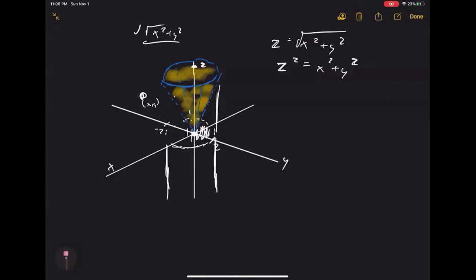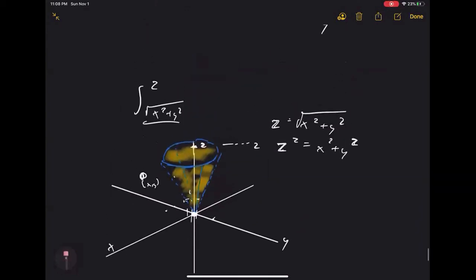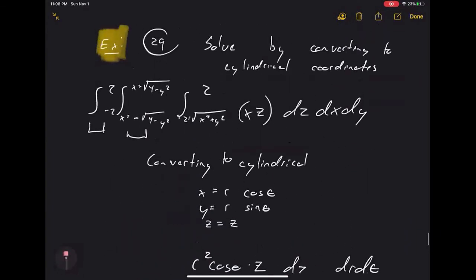And then my last set of bounds was the z bounds, right? And we saw that z was less than 2, right? My upper bound for z was 2. Okay, so I have this z value of 2 up here. Okay, and then it's greater than what? The lower bound of integration was this, the square root of x squared plus y squared.